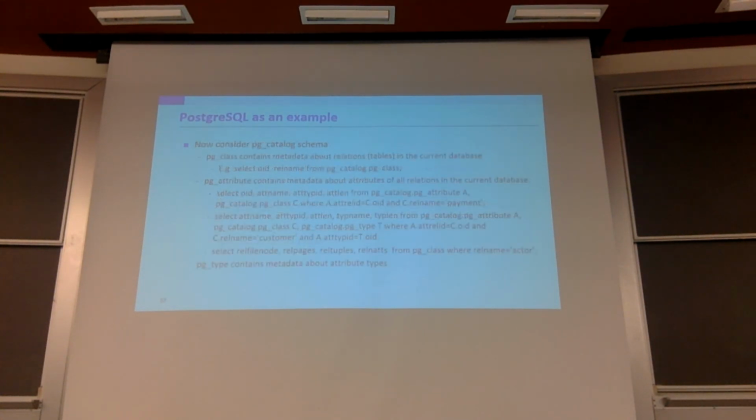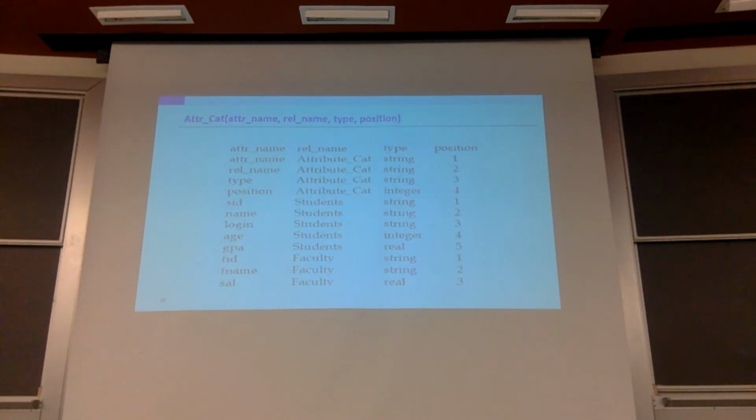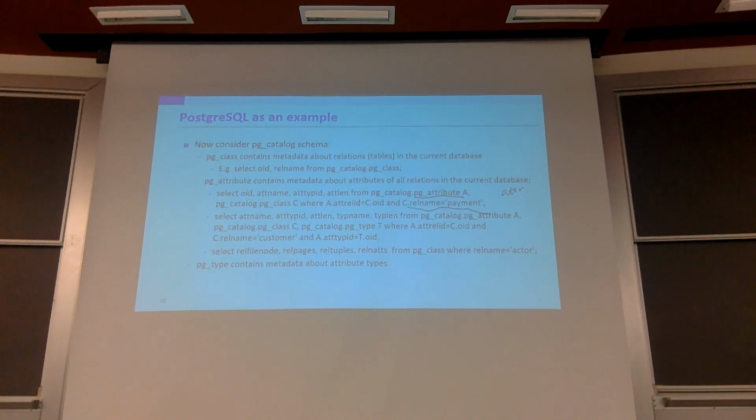Okay. Then suppose you want to find out all the attributes in the table payment. Then you can do a join on pg_attribute, which is similar to what we see as that attribute catalog, but it will contain more columns.